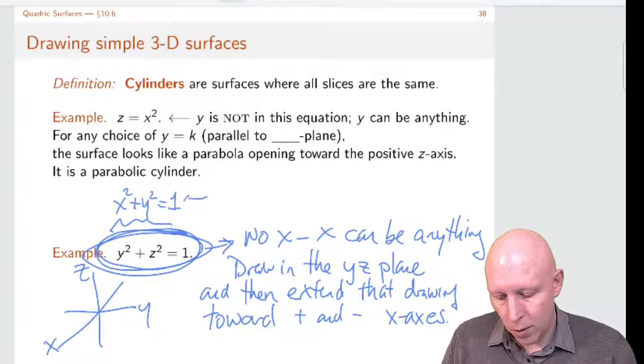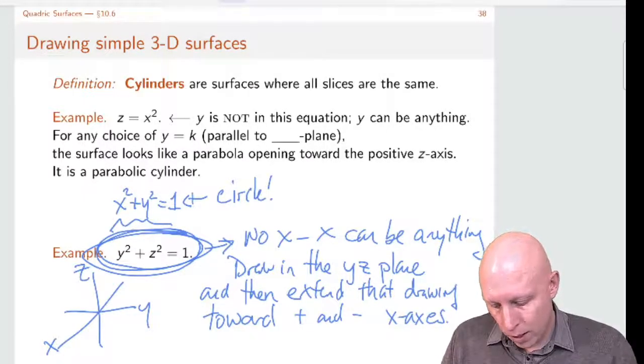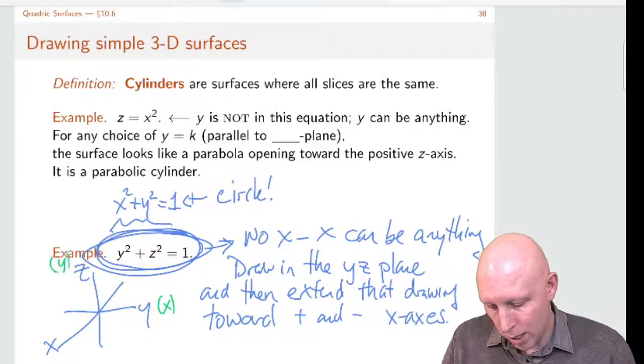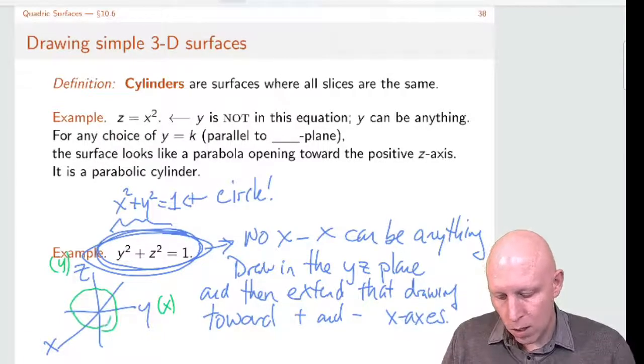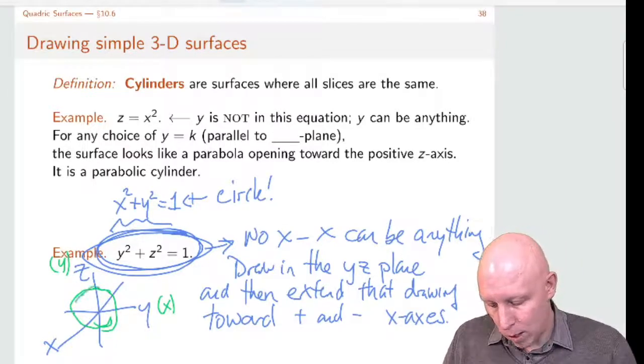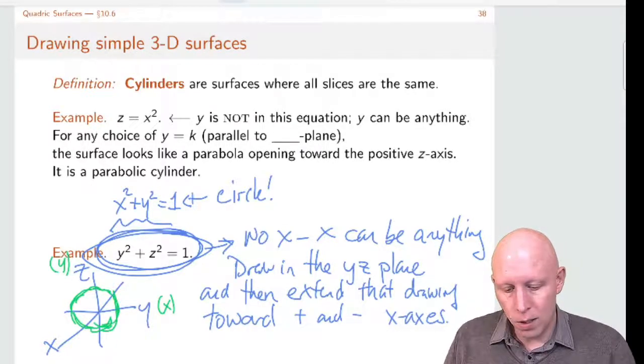And hopefully you think, oh, circle. So if we think of maybe the x-axis, and we think of this as the y-axis, we would be able to draw the circle. Right? So instead of being in the xy plane, this is now in the yz plane.